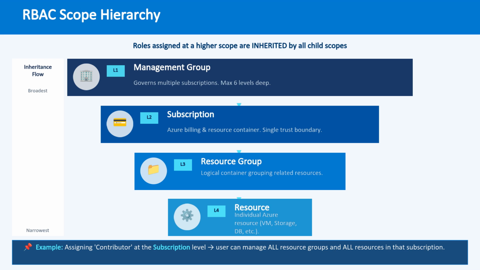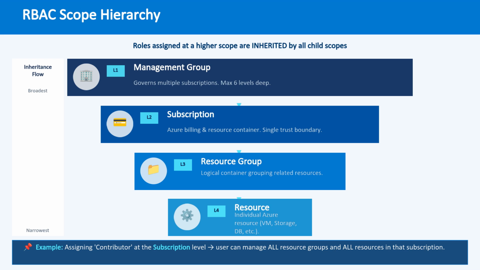Best practice: group resources that share the same lifecycle, deploy together, delete together. A role assigned here applies to all resources inside that resource group. Level 4, resource. This is an individual Azure service, a specific VM or a specific storage account or a specific database. It is the most granular assignment level, only affecting that one specific resource.